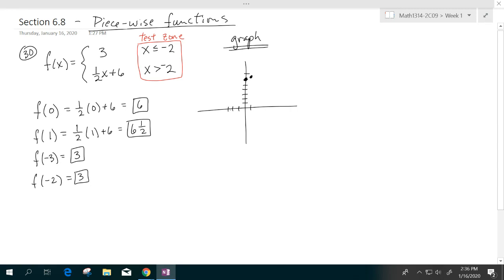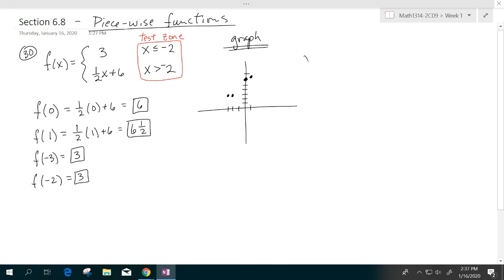Negative 3 is 3. Negative 2 is 3. You with me? So all I did is take the points that I've already generated and put them on the graph.